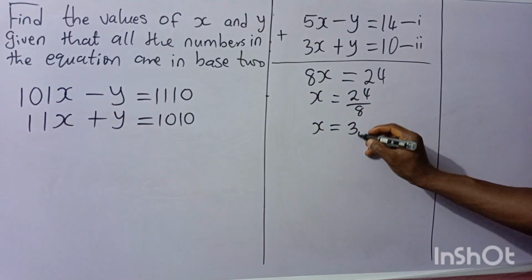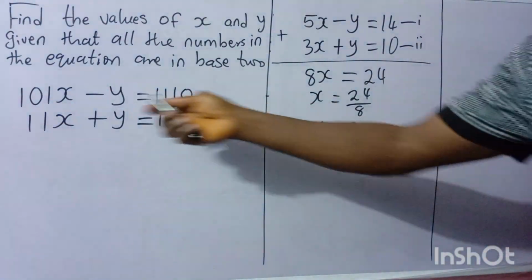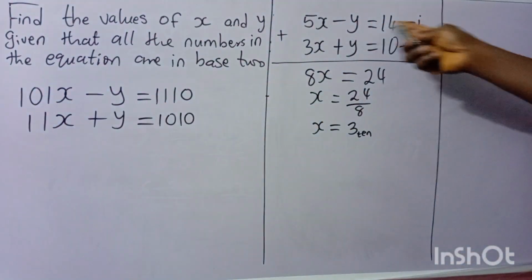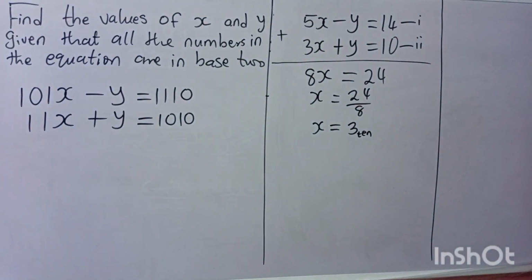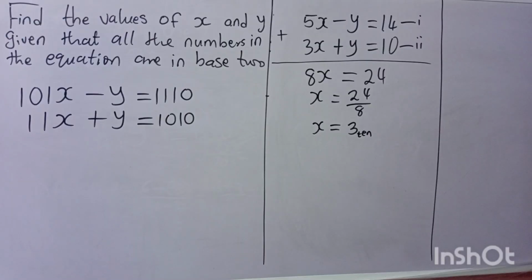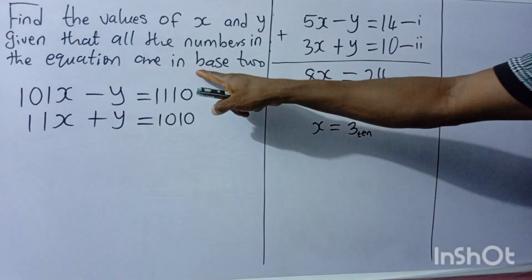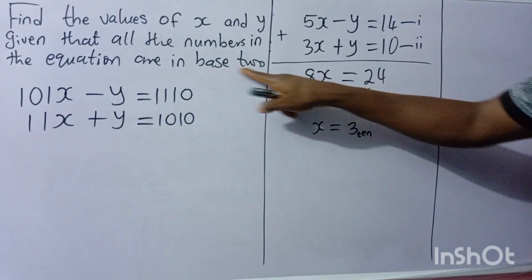So it's in base 10, because we converted the binary equations into decimal equations. That means converting each of the numbers there to base 10. So any answer we're having from here has to be in base 10. But finally, we must leave our answer in base 2. Our answers must be expressed in base 2.